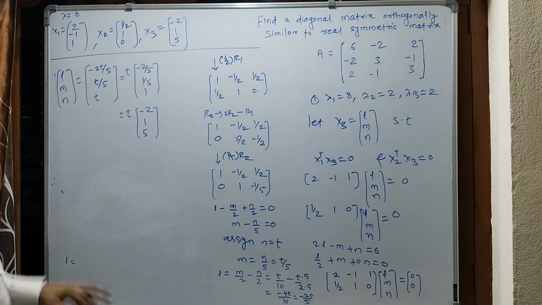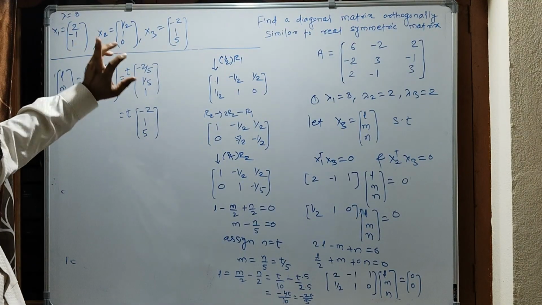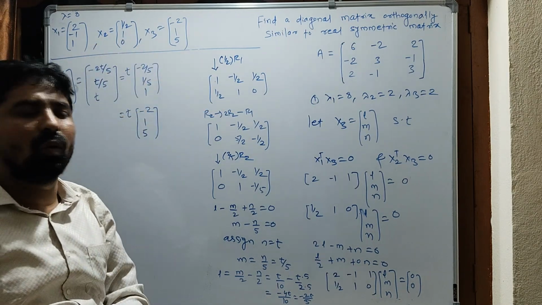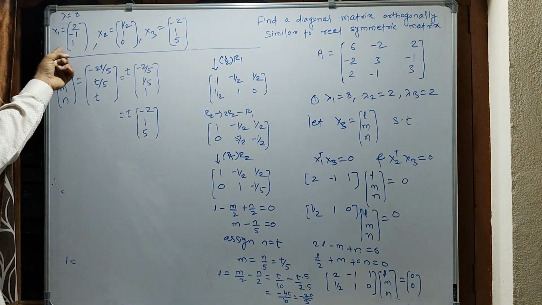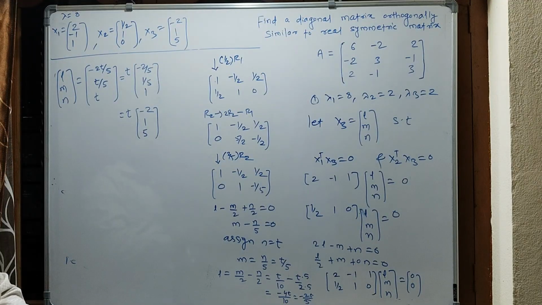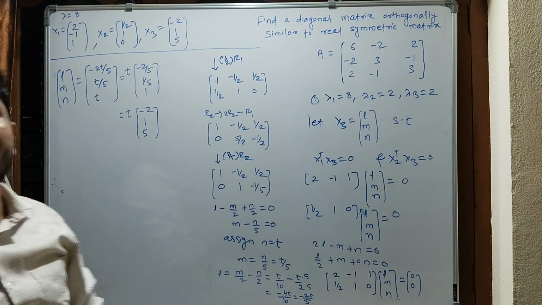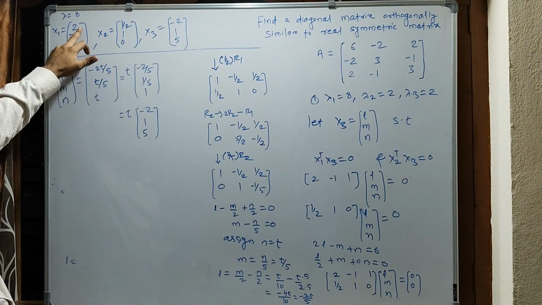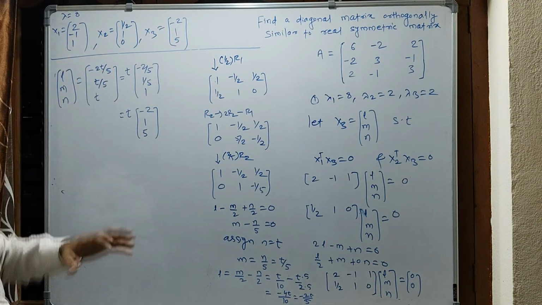Now you can check x1, x2 transpose is 0. Now this x1, x2, x3 are mutually perpendicular. Now you can check these three vectors x1, x2, x3 are orthogonal and independent. Now we have to check whether x1, x2, x3 are normalized or not. You can check the length of x1 is 4 plus 1 plus 1, root 6, that is not 1.